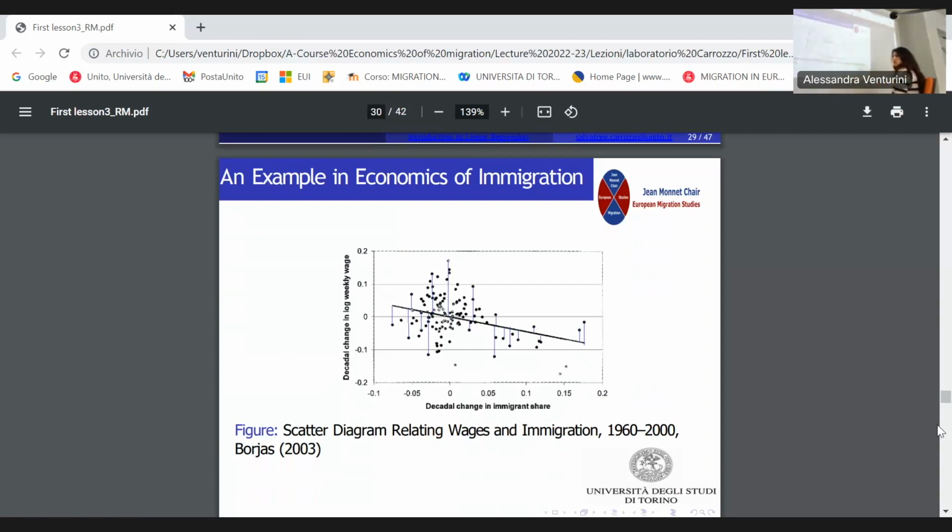This is the immigration share, not the year. A solution could be to put here, for instance, the years. In this case, we can see the time dimension. You should look at descriptive data to understand what happened.